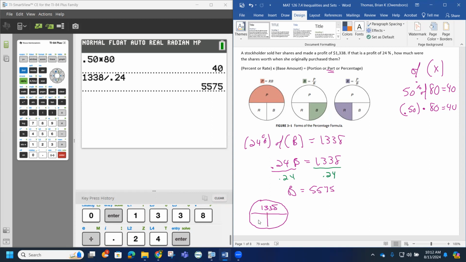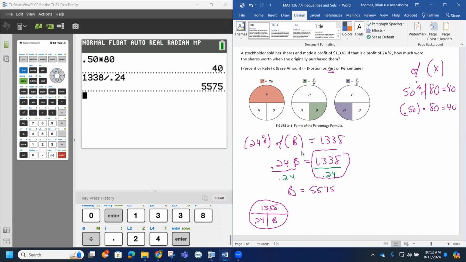The rate was this 0.24, and the base we did not know. That was the unknown. But this tells us the relationship between these two values, which will allow us to find the base. Since this is on the top and this is on the bottom, notice how that mirrors this over here. So using this model becomes a shortcut.